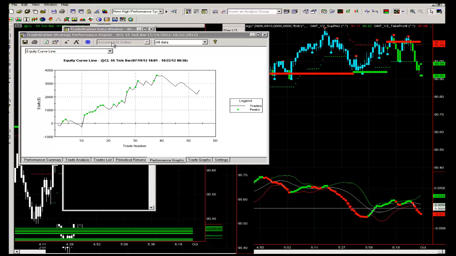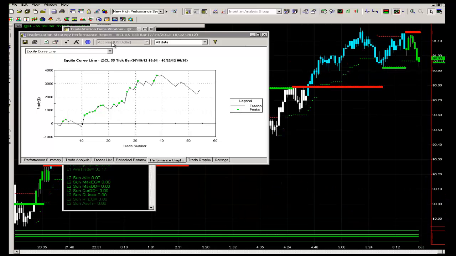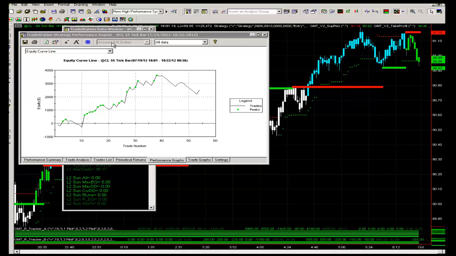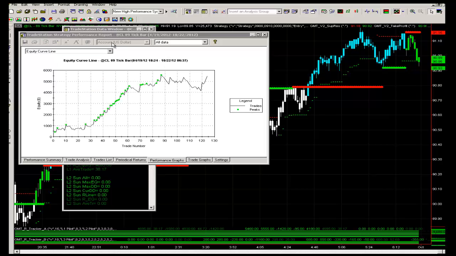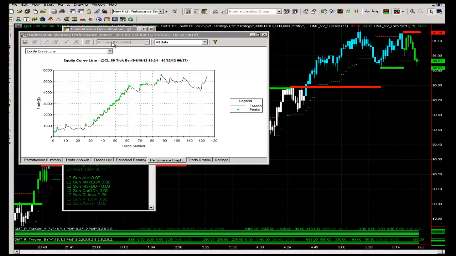For those of you who, like me last year, were trading the 89 tick chart instead of the 55 tick, because there were two schools of thought, some of us were trading the higher tick chart because we thought it was performing better, and you can see here that it's actually starting to perform better at the moment with this increased volatility and some nice movement.